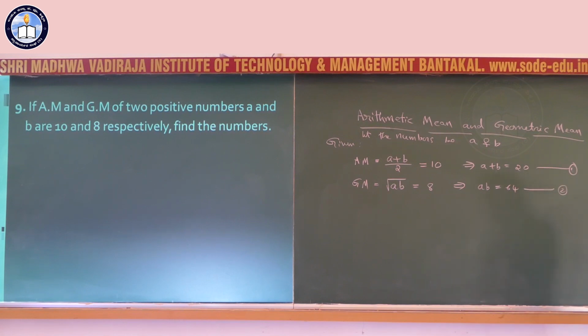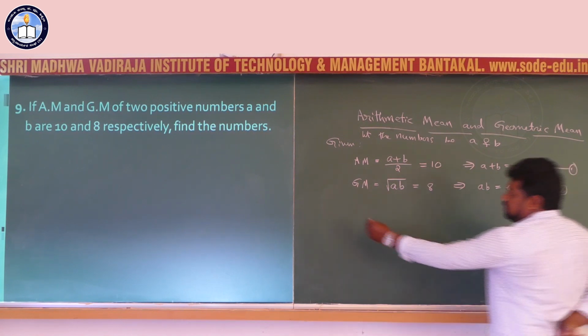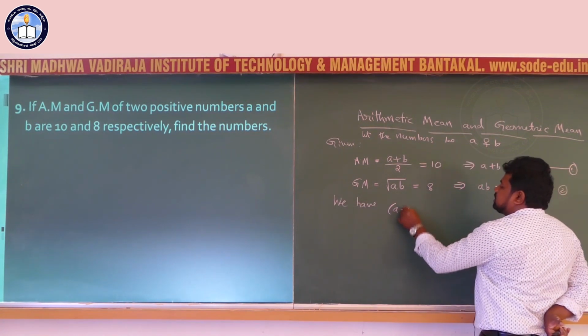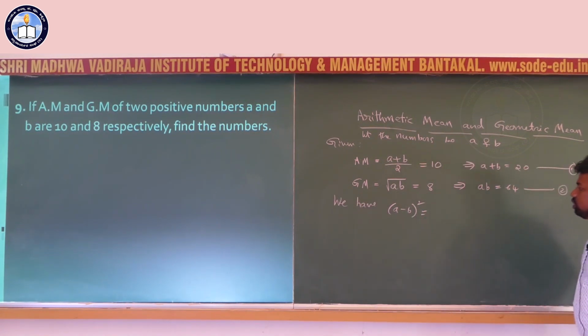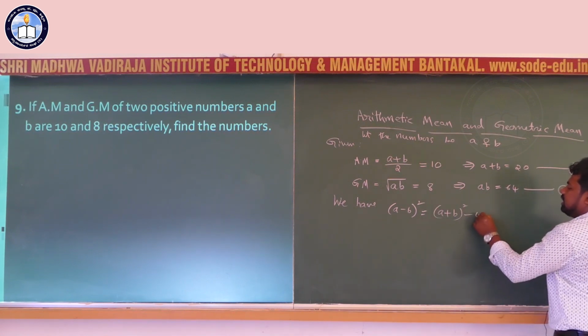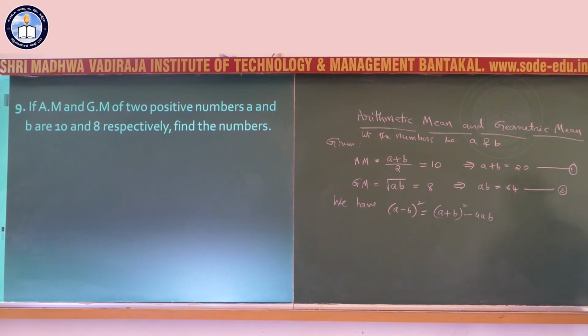Or now we can solve this way. We have a minus b whole square equal to a plus b whole square minus 4ab. a plus b whole square is a square plus 2ab plus b square, minus 4ab. So plus 2ab minus 4ab, that is minus 2ab.